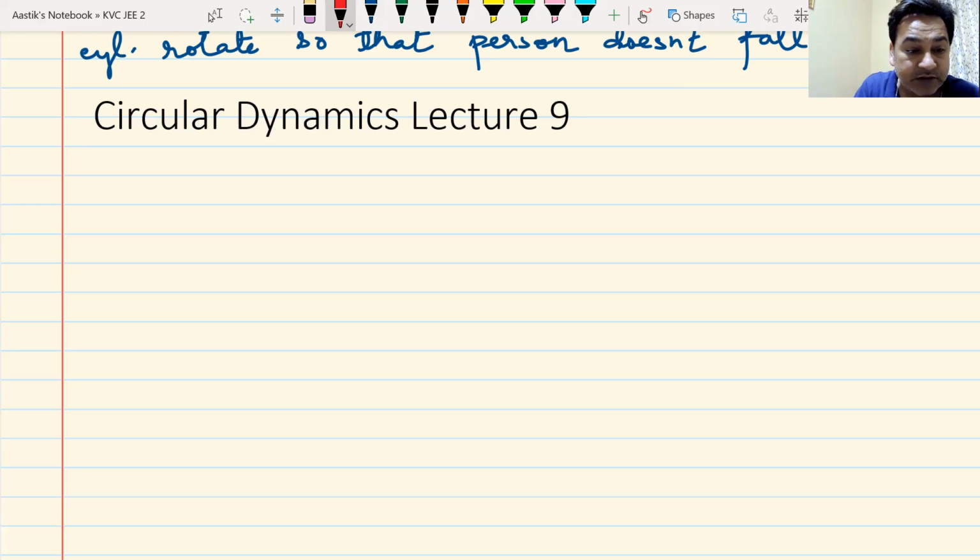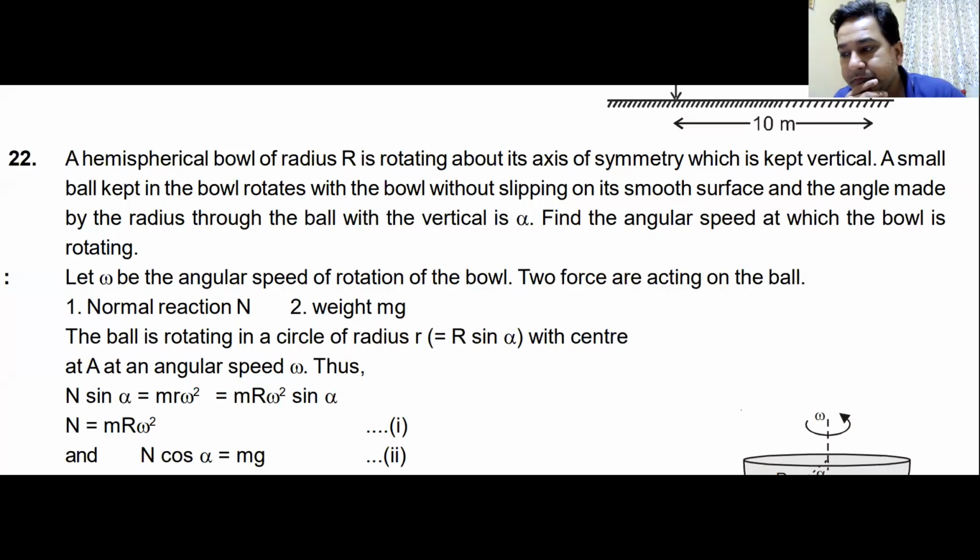Now, let us get our attention into a problem where a similar thing is happening, and if you are able to analyze it and give me an answer, it would be a very good thing. I must tell you that there is no diagram given with the question.